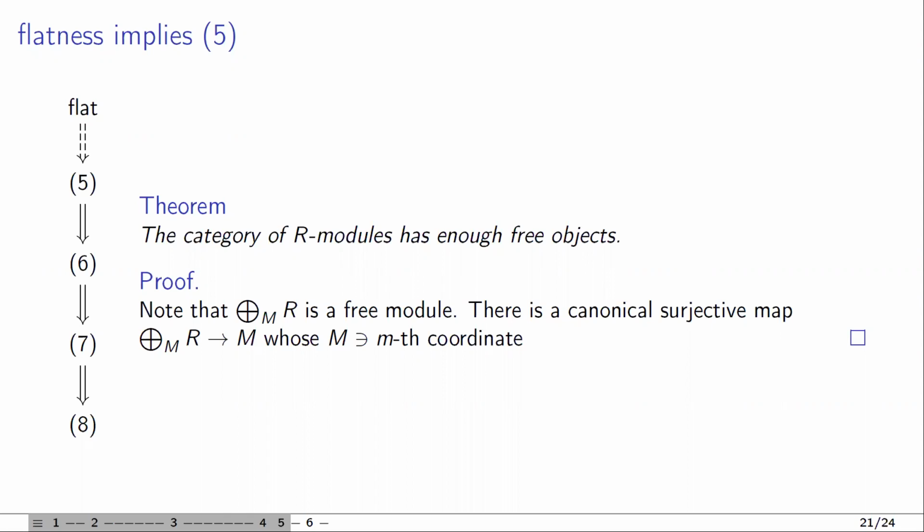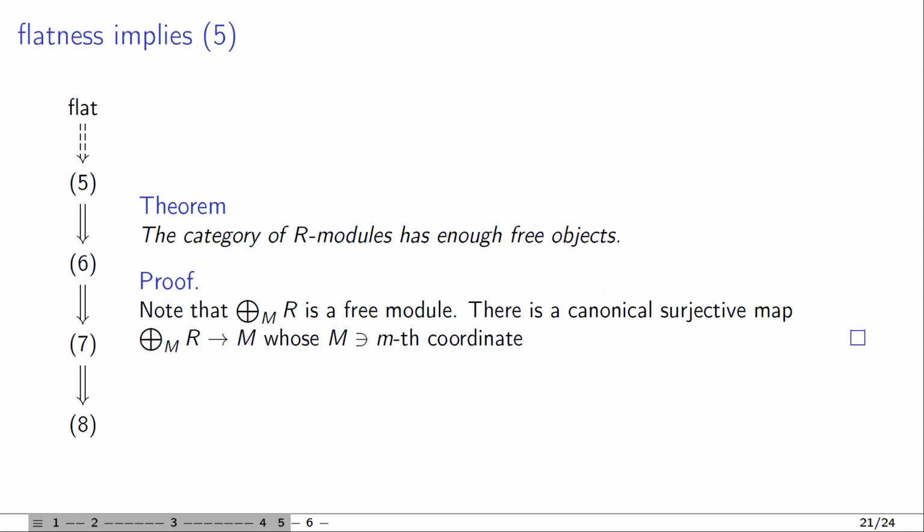So the category of R modules has enough free objects, hence it has enough projective objects. So if M is an R module, then M copies of R taken as a direct sum is a free module, and there is a canonical surjective map from M copies of R to M.